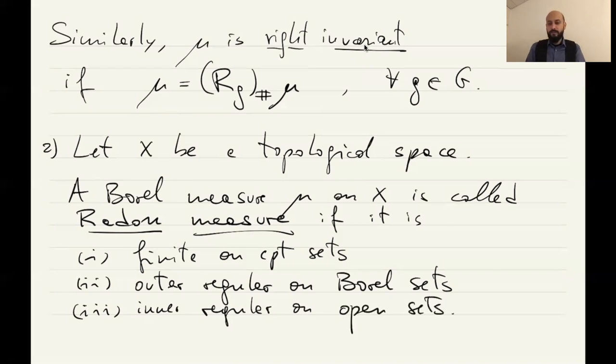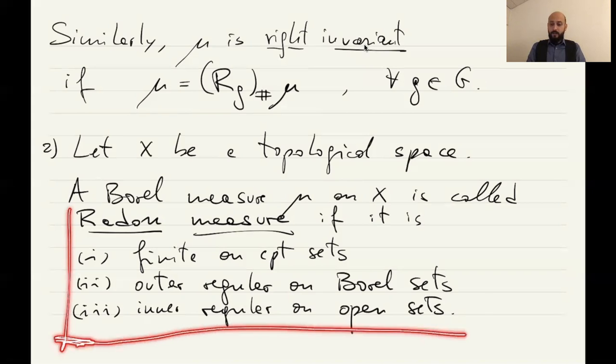Okay, this is the requirement that we want for a Borel measure.